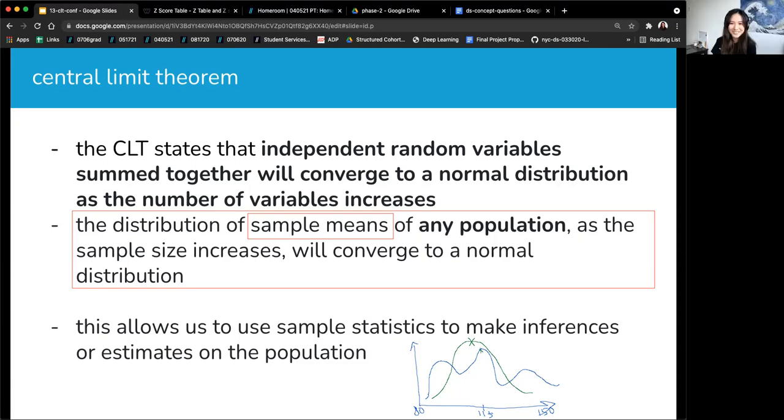All right, thank you. You're welcome. Another question: does there need to be a limit on the total sample size in general?